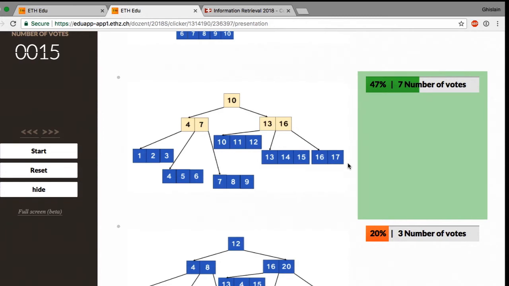Perfect. So who understands B plus trees? Awesome. I have actually one word to say about that. We thought of having you implement B plus trees, but we are extremely careful about having a reasonable workload that we put on you every week.